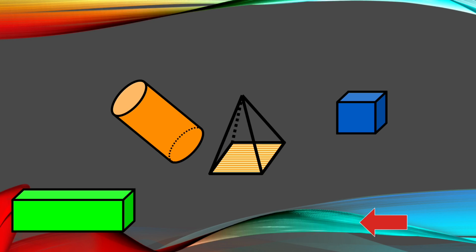Okay, and then the formula for the volume of the pyramid is 1 over 3 A times h, right? And for the cone it is 1 over 3 pi r squared h, because the base is a circle, so it's 1/3 pi r squared times the height of the cone. Okay, understand?